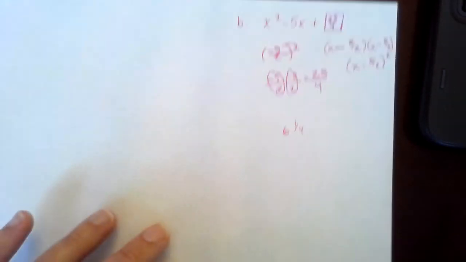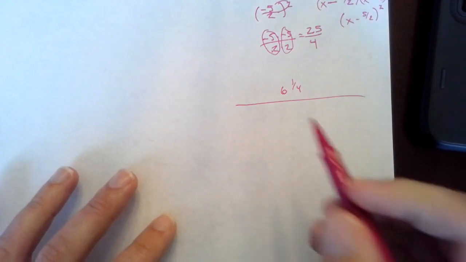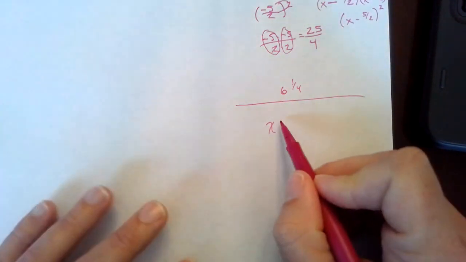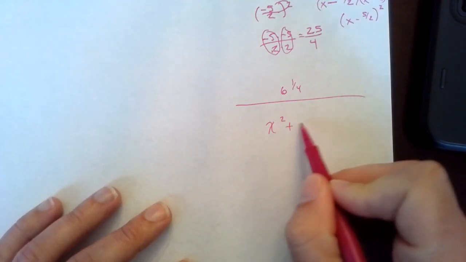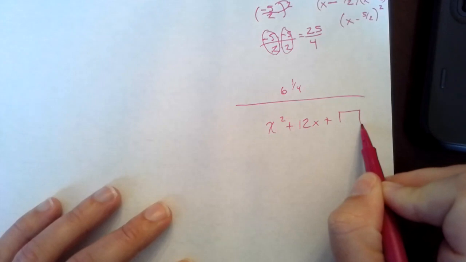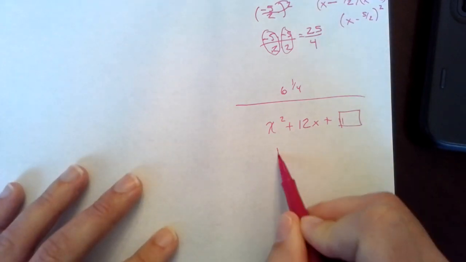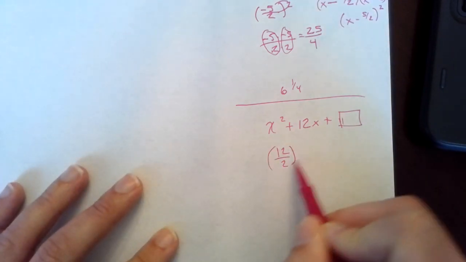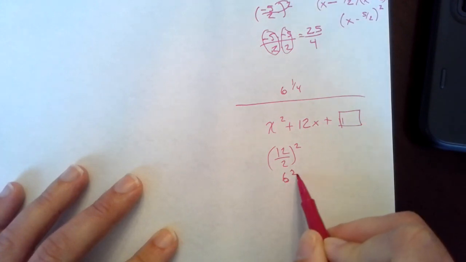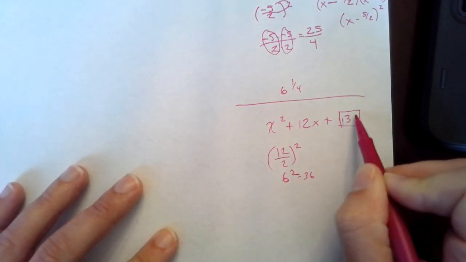Okay? So now if I take a look at a more simple one we previously did, the one on the previous page, let's say, plus 12x plus what? All right. I'm going to take half of 12 and square it. Gives me 6 squared, excuse my writing, which gives me 36. So this is 36.